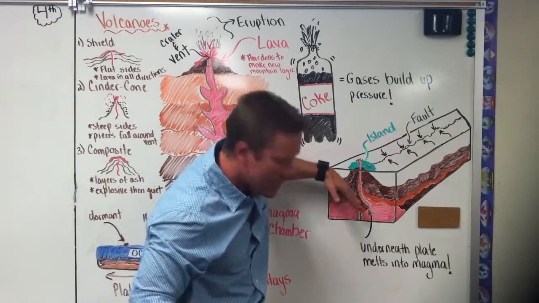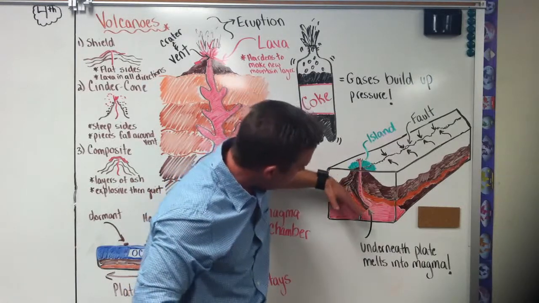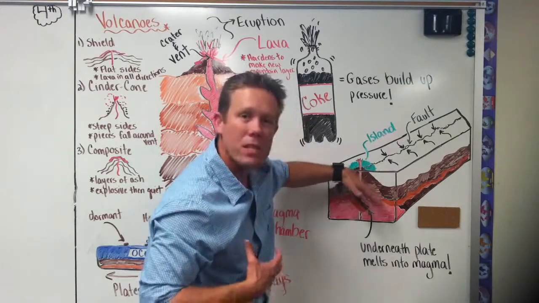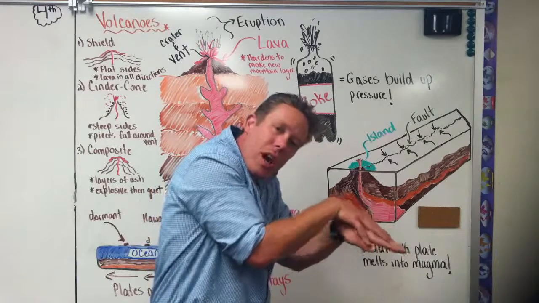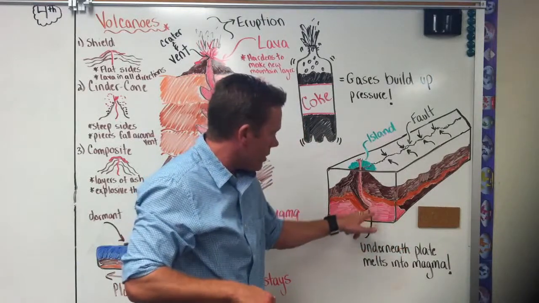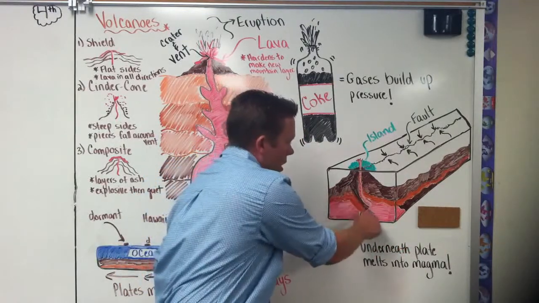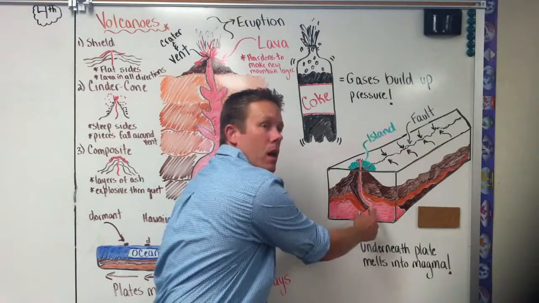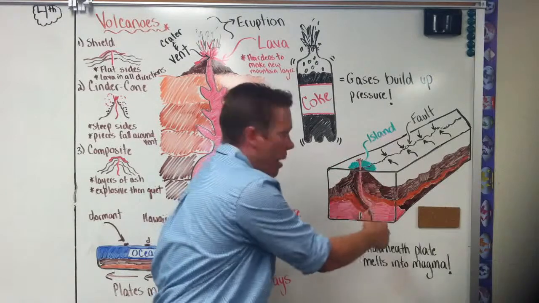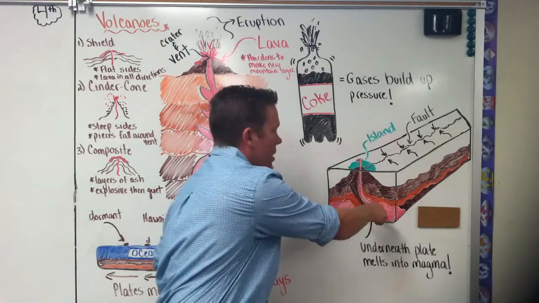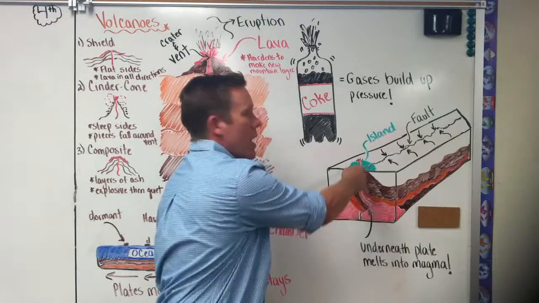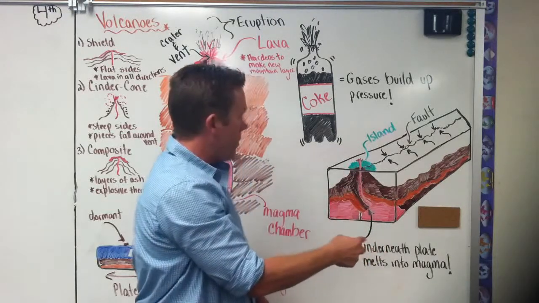What happens is this underneath layer, because of the pressure and the force of the top layer and the friction of it rubbing, melts. Okay, so this layer goes down, and because of the friction and the intense weight of the top layer, it starts to melt. Magma is created, it builds up, and then it starts to shoot to the top.